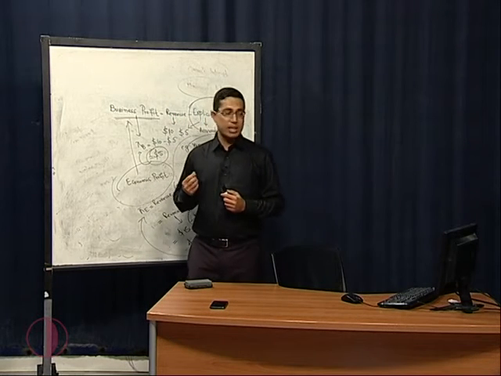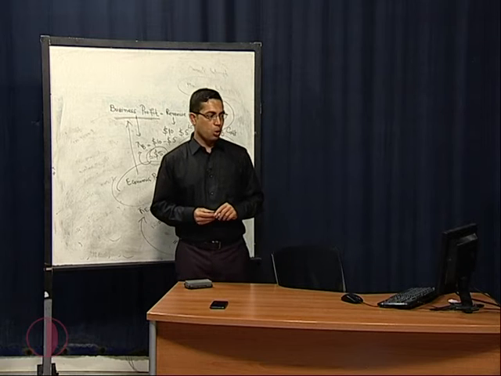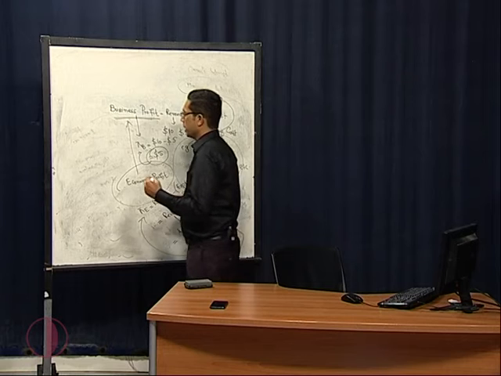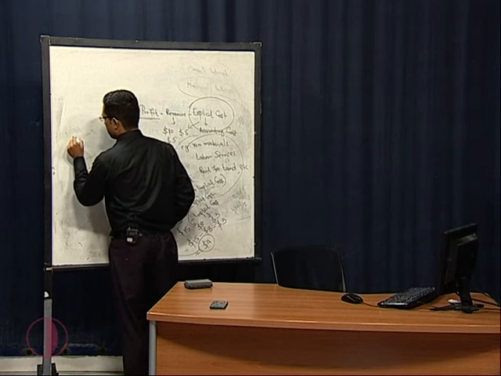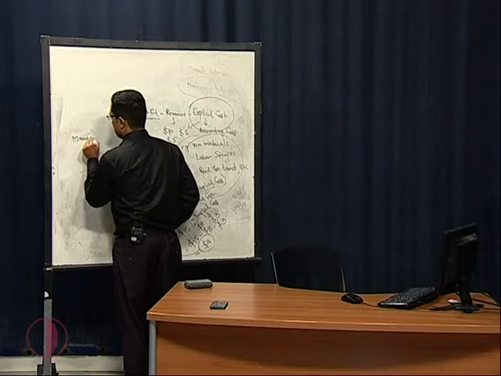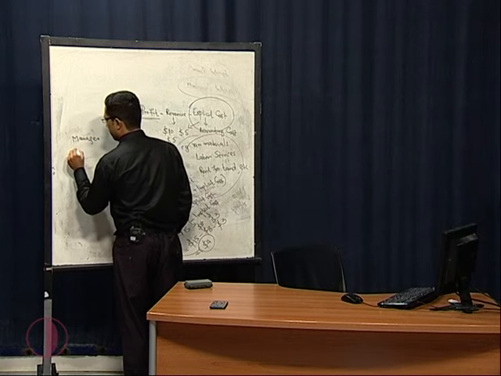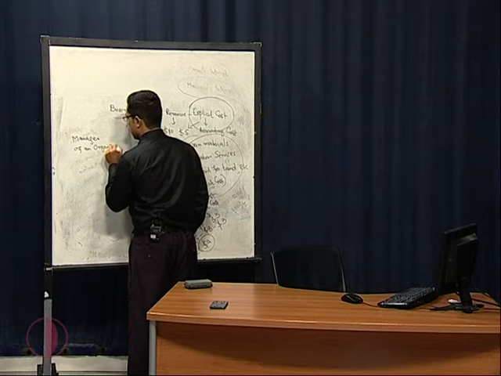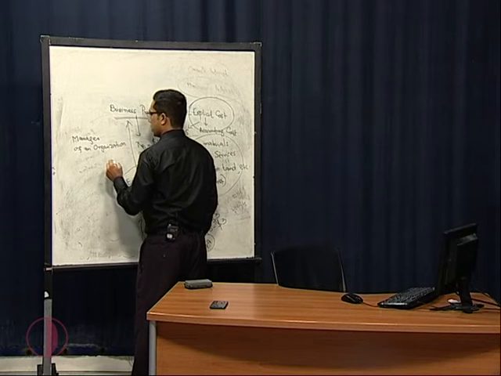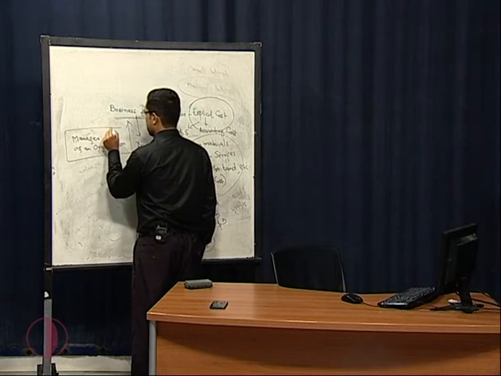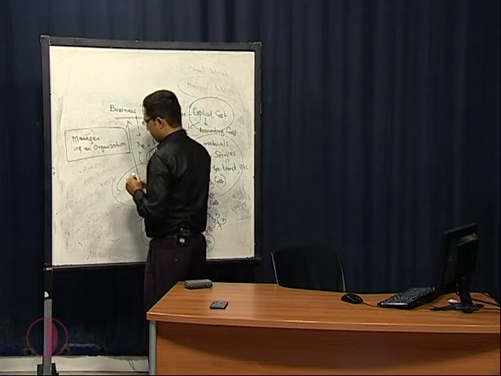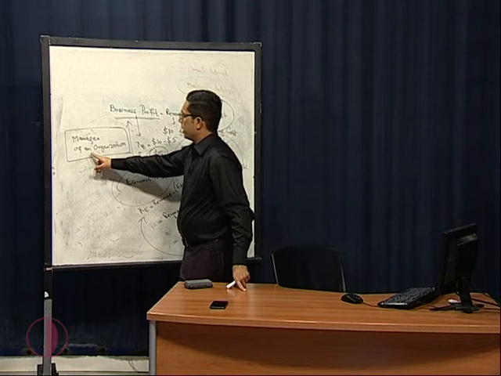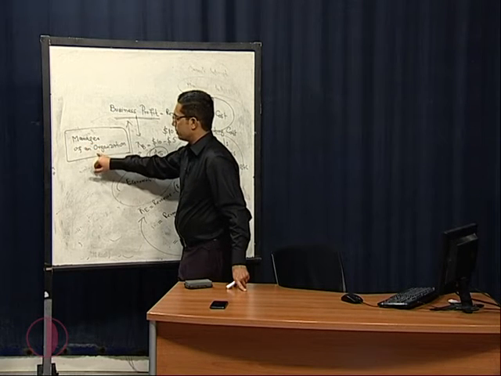Implicit cost refers to the value of the inputs owned and used by the firm in its own production. For example, we have a firm and the owner of the firm is also acting as the manager of that organization.